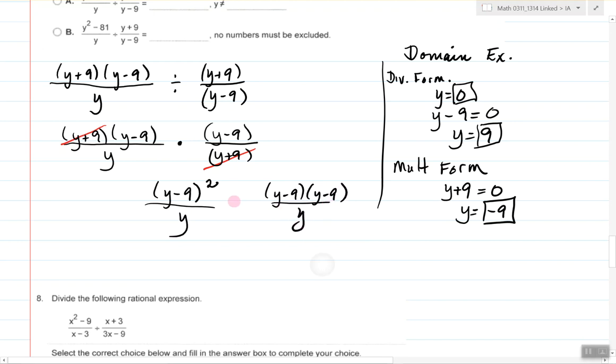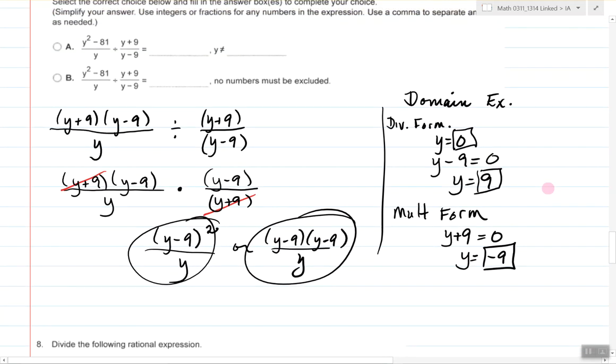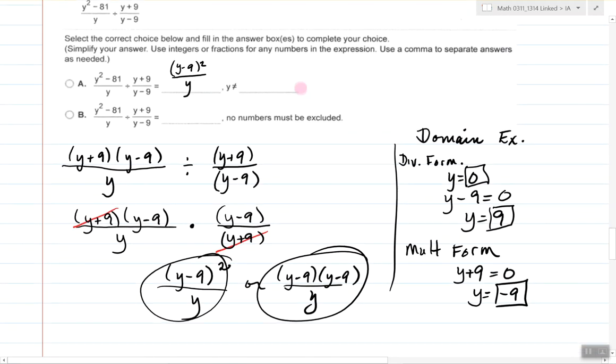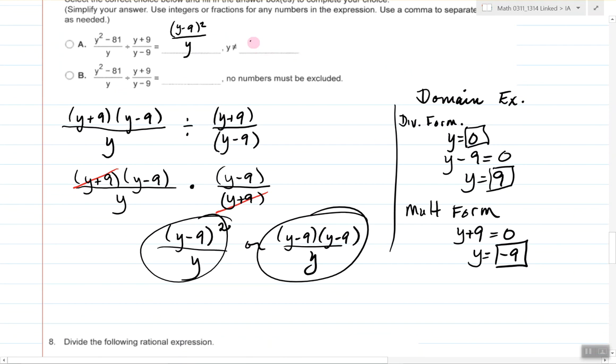Either one of those would be fine for the simplified form. So that could go right here, y minus 9 quantity squared over y. And domain exclusions, whoa, my goodness, I have 0, 9, negative 9. It does not matter about the order.